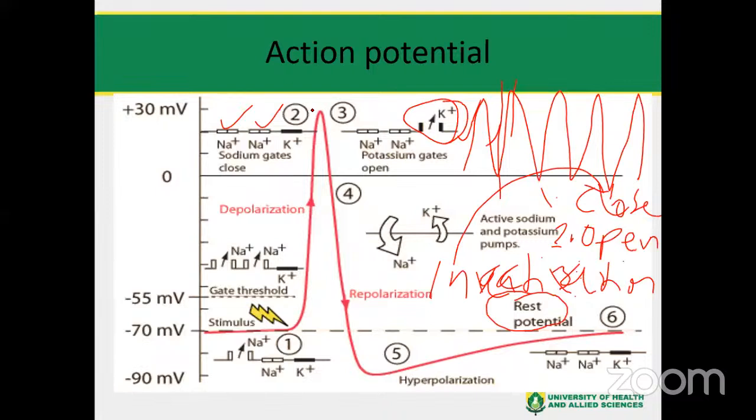Yes. So what happened to the potassium when the gate is closed? But they are in the cell. They are in the intracellular fluid. So nothing happened to them. They are there. The gate is closed, so they cannot move out.